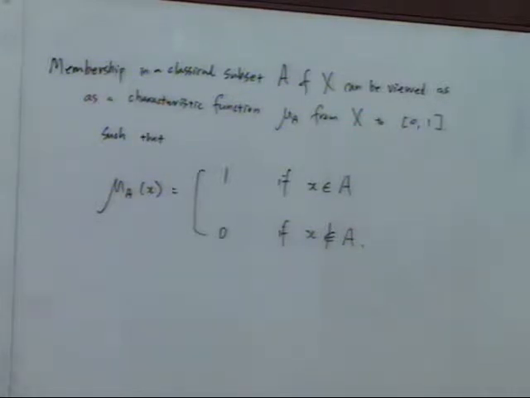So let's say this is our universe, and I'm here. Then mu sub A of x is 0 because I'm not a member of A. If I'm here, then this function will return 1 because I'm a member of subset A, right?